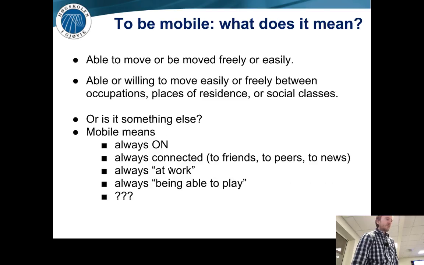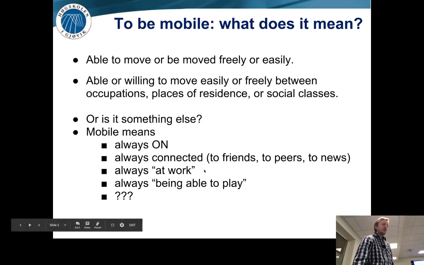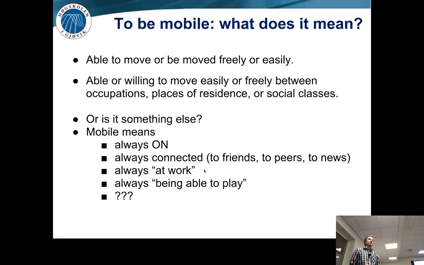And then we have a new phenomenon, because we have this always-on infrastructure which makes you connected all the time. So you mentioned entertainment, watching TV, watching movies, playing games, reading stuff. You can work on the go, so you can play and work anywhere at any time because you're always connected.